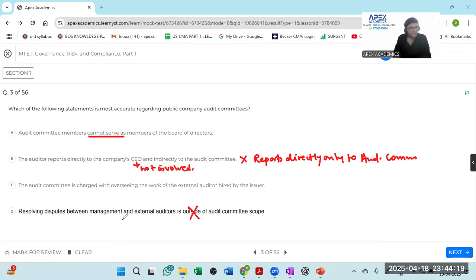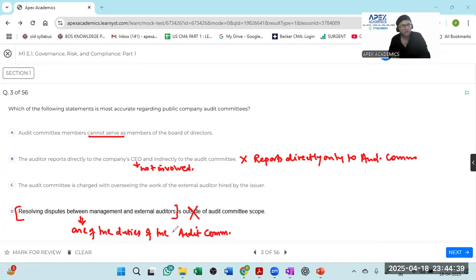Resolving the dispute between the management and the external auditor is one of the duties of the audit committee. Yes or no? I hope you are able to understand this particular aspect. Agreed or disagreed? Which of the statements is most accurate?